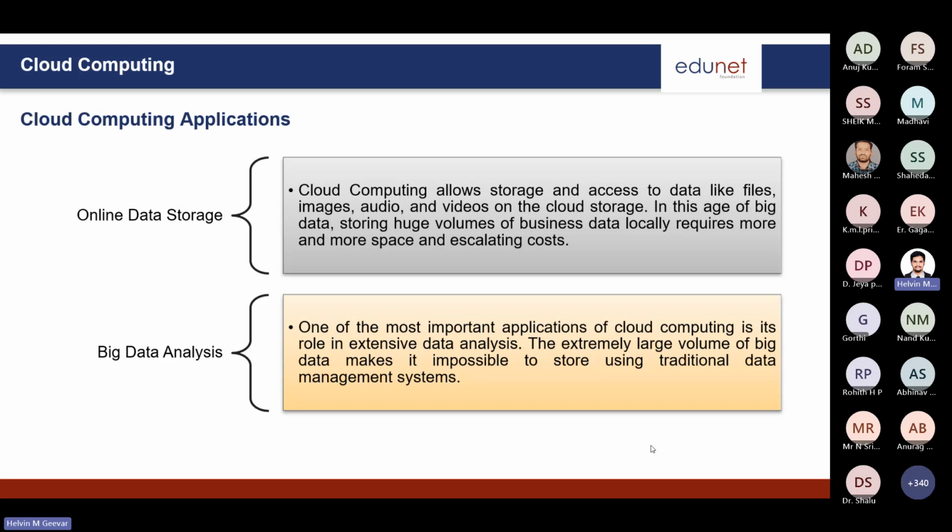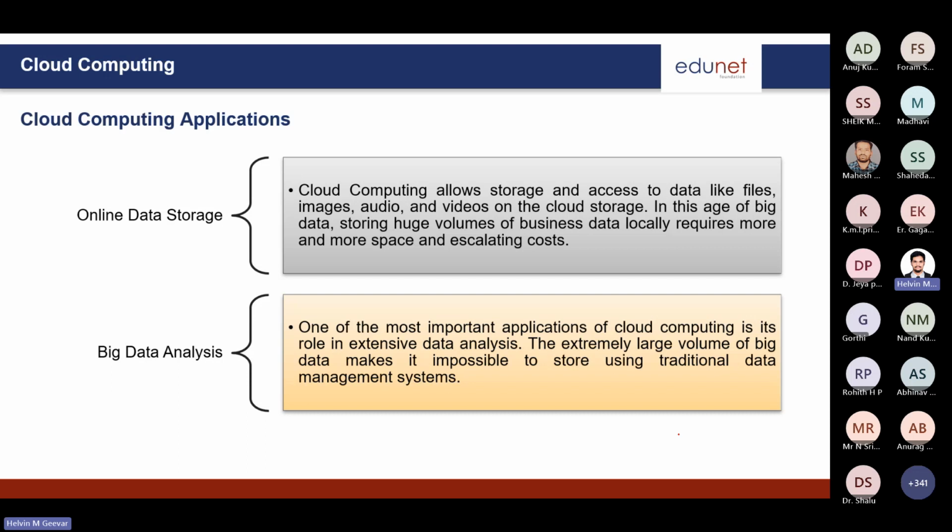There are specialized data types, and all those things you can store here. Because it's not possible to store a huge volume of data locally, we have to adopt an affordable method. I cannot simply keep on buying hard disks. Instead, I can use online data storage and big data analysis.